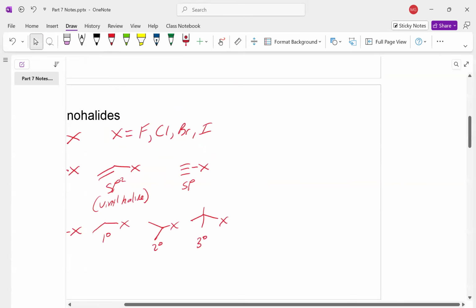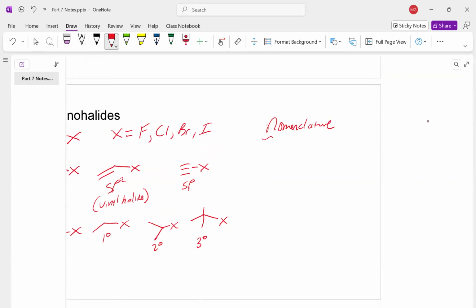When it comes to nomenclature, you pretty much know the process of naming them. You just need to know the prefixes we use: for fluorine, we use fluoro; chlorine, chloro; bromine, bromo; and iodine, iodo.